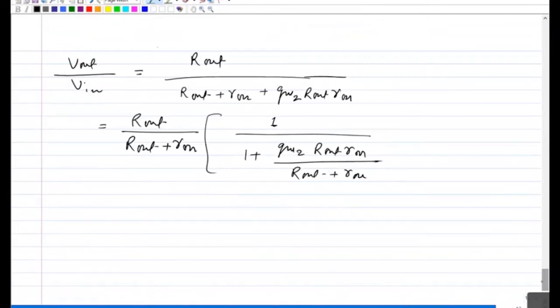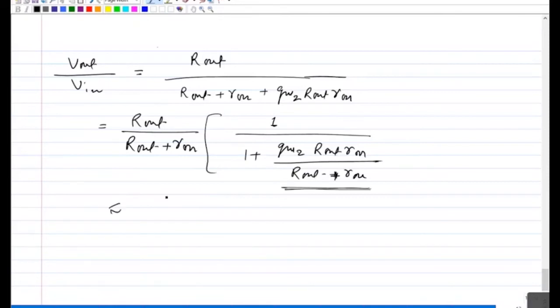Okay, so what does it mean? If you consider this term, this term is much larger than 1, and obviously it would be, because you are getting R out into R on in multiplication. So what you get here actually, this will cancel out.